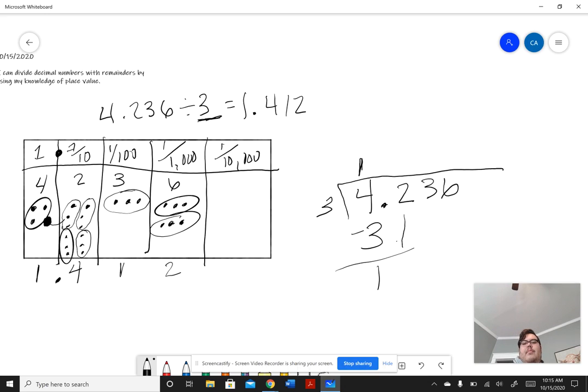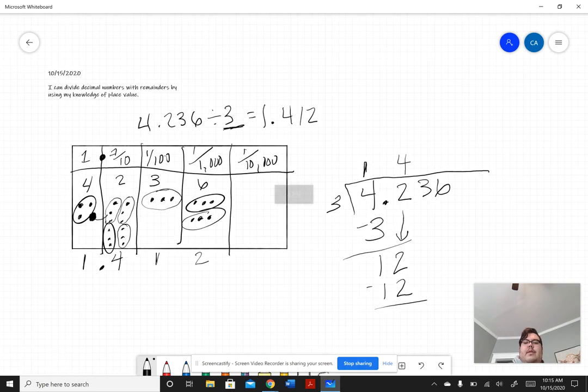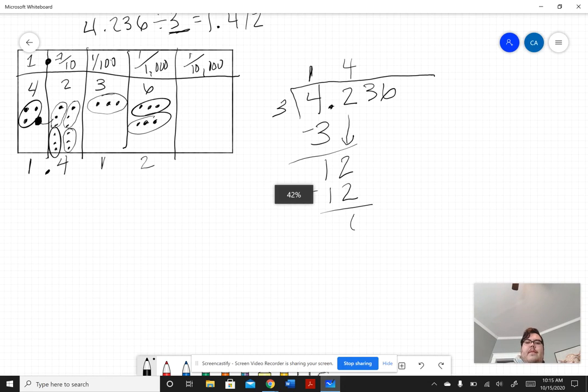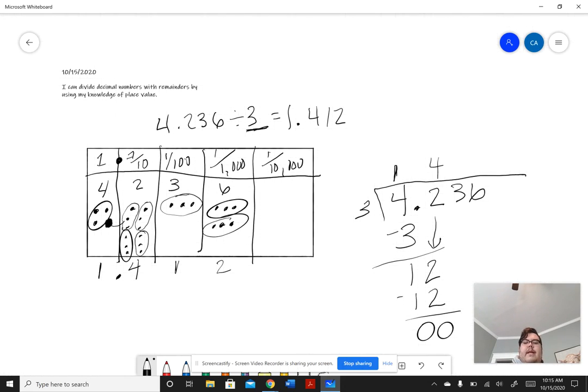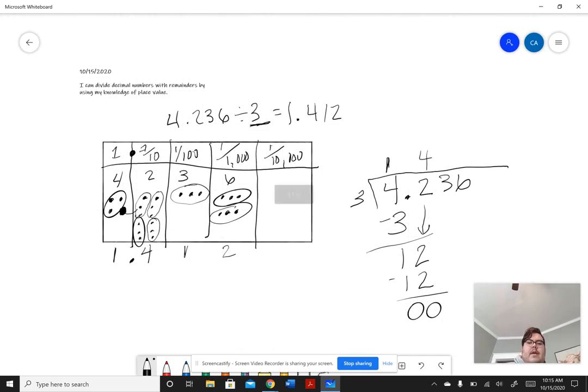Then we pull down our 2 tenths, and now we have 12 tenths, just like we did over here. Now how many groups of 3 can I pull out of 12? I can pull 4 groups of 3 out of 12. That means I'm pulling 12 out, and when I subtract those, I have 0.